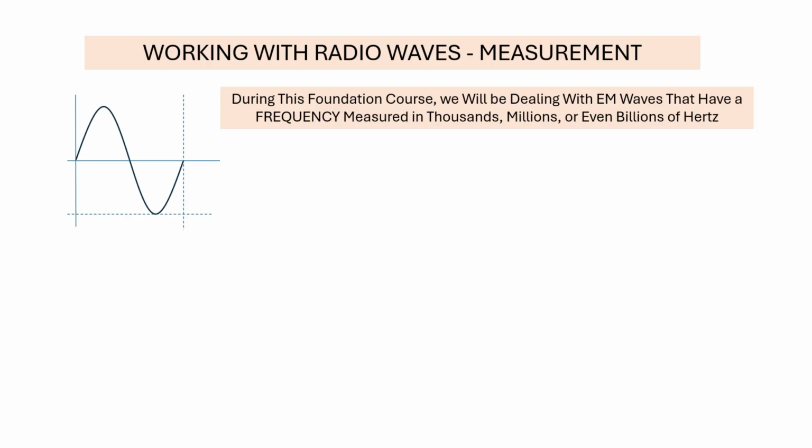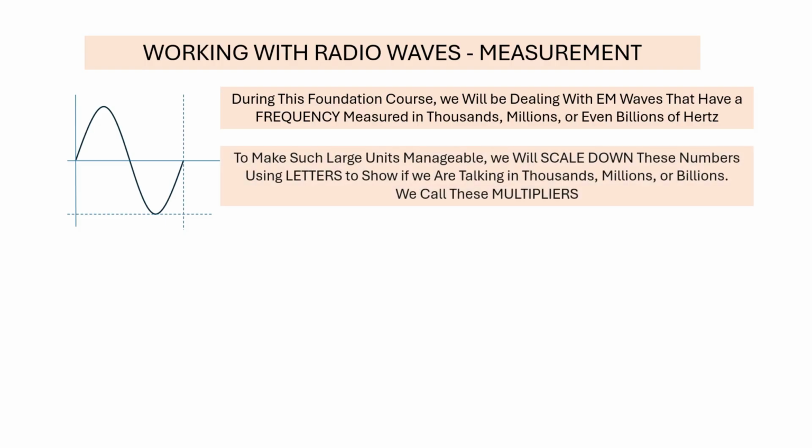During this foundation course, we will be dealing with EM waves that have frequencies that are measured in the thousands, millions, or even billions of Hertz. To make our calculations easier, and to make the numbers easy to understand, we use a system of multipliers. Multipliers are shown as letters placed after the frequency value, to tell us if we are dealing with thousands, millions, or billions of Hertz.